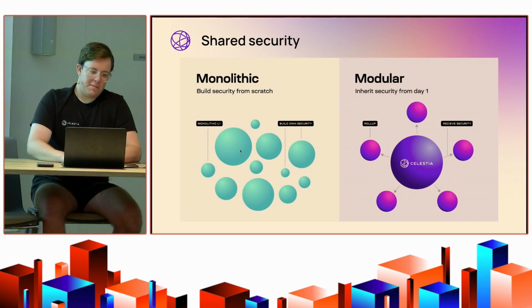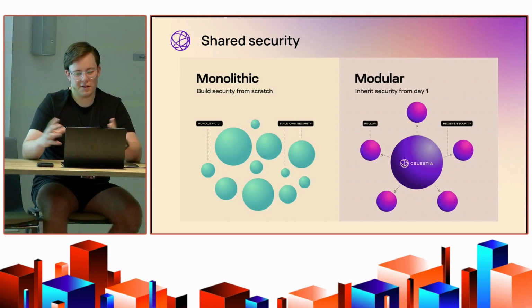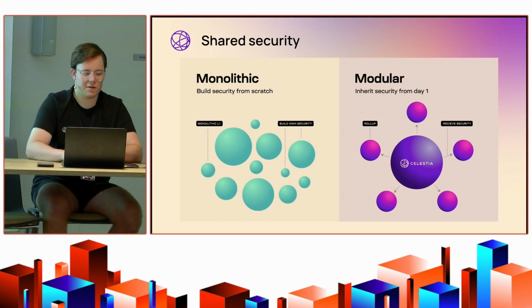But the amount of security that you can have in your chain is dependent on the size of your network. And by sharing a security layer, that network can keep growing without you having to set up your own little one and start from scratch. You can think of that as like this little circle here. It might take a long time to get to the point where it's as stable as this one.